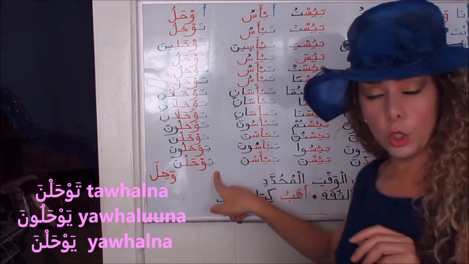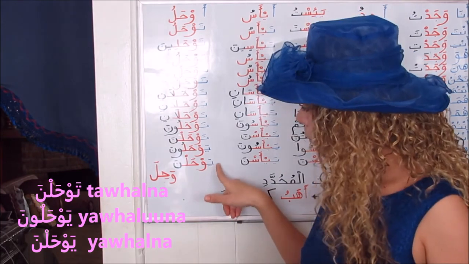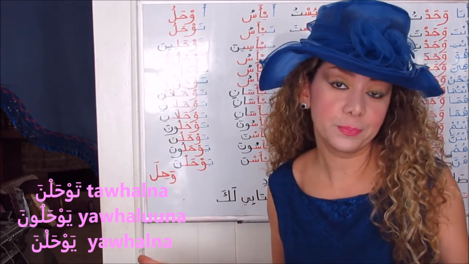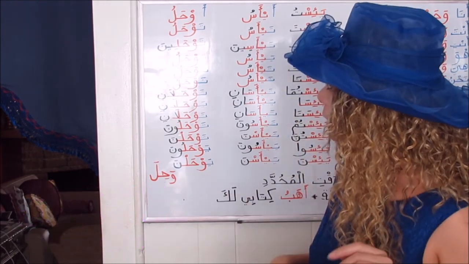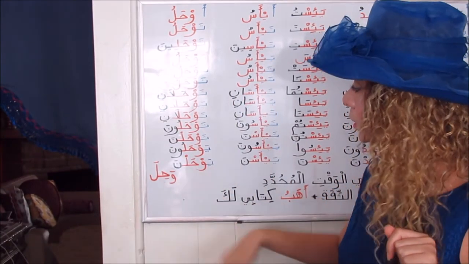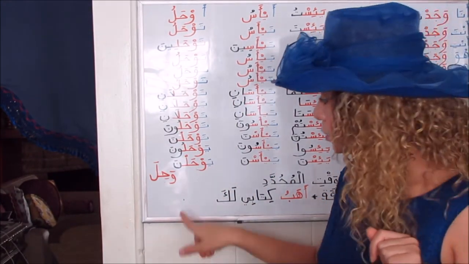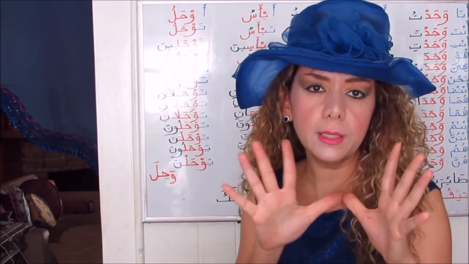With هن, third person, plural, feminine, we have a ya as a prefix. Yeah, we have an exception in here. So it's easy to conjugate this verb. Just with wahila, the waaw is not dropped, and there are really few of them with this exception.